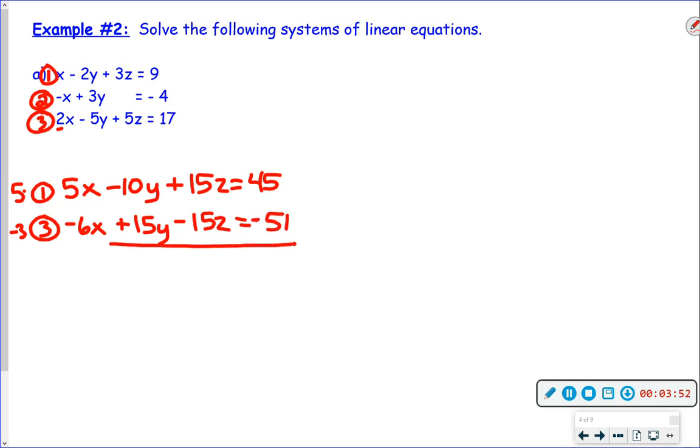All right, let's add these together. 5 plus negative 6, negative x, 5y, z is eliminated, 45 minus 51. So now what I'm going to do, we haven't done anything whatsoever with that second equation. So I'm going to write that down over here on the side.